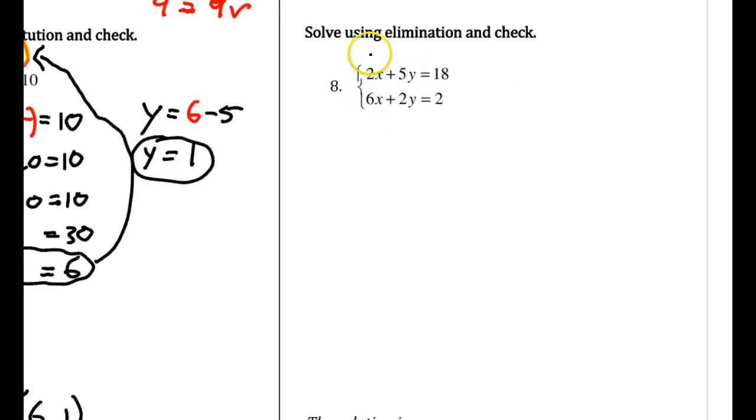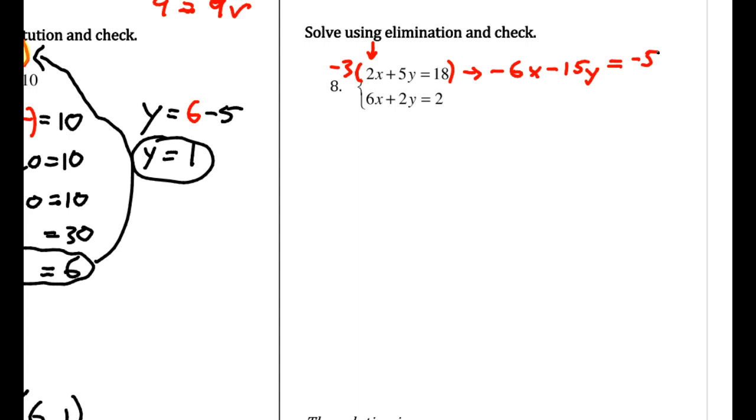Elimination, this time you have to choose a variable because they're not ready to cancel. You can choose x or y. One of them is quicker than the other. So if I try to cancel out x, you see I only need to multiply the top by -3. Then I'll have -6x minus 15y equals, let's see here, 18 times 3 is 54.